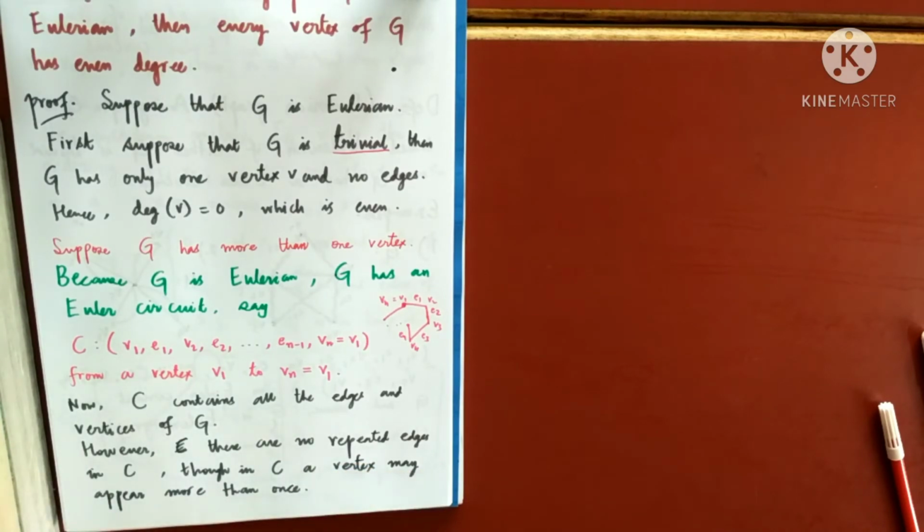So this is what we know about C. C consists of all the edges exactly once, but a vertex may be repeated more number of times, may not be always one.